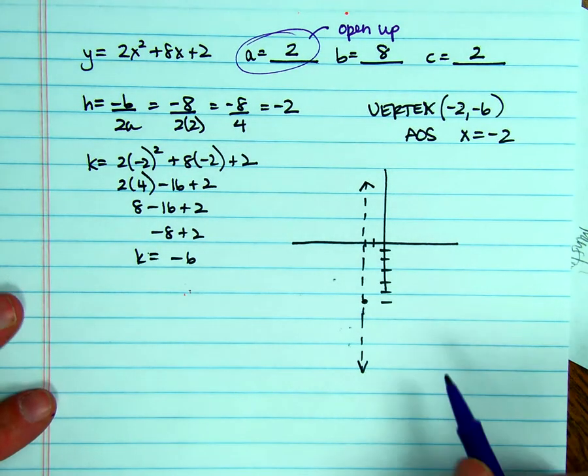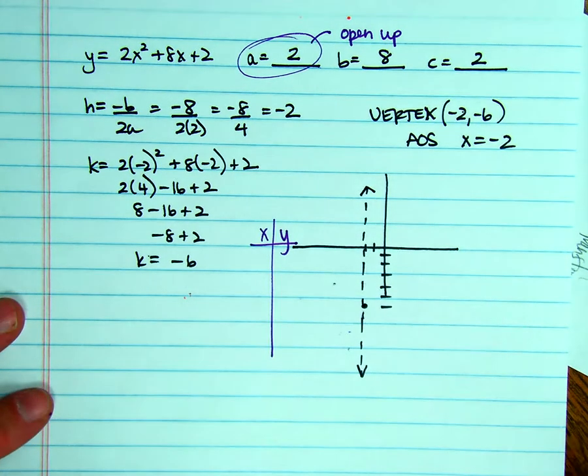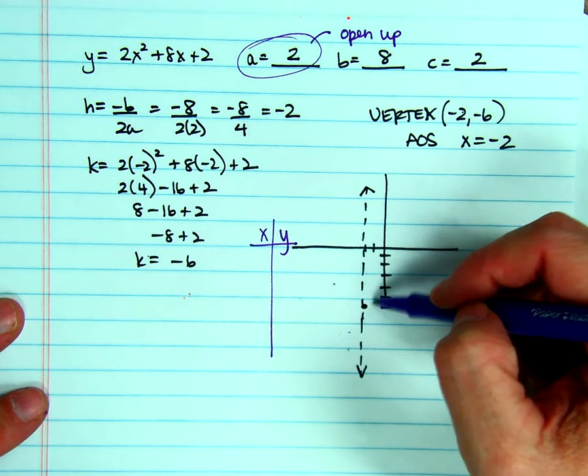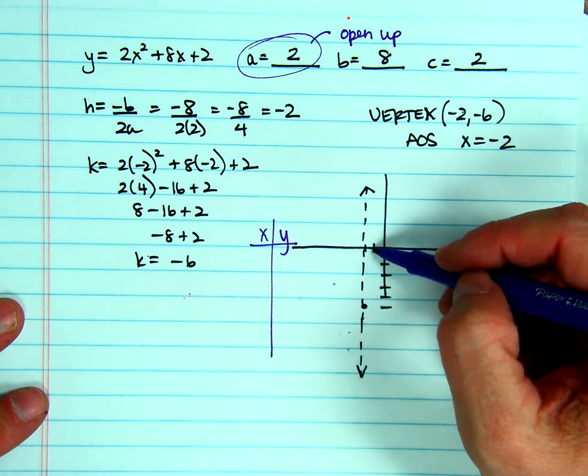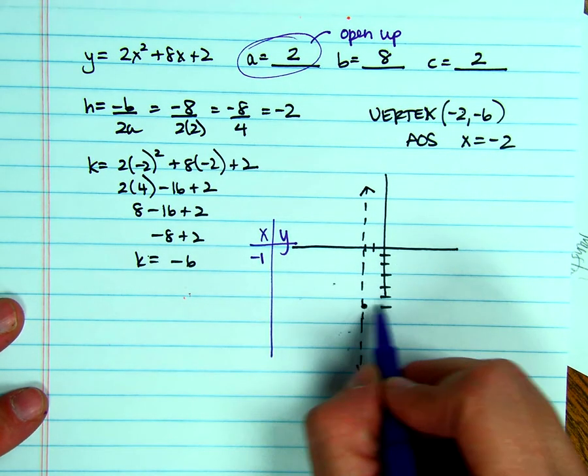So if we have it open up, we can do a table. Remember, one step off at a time, so if I plug in a negative 1, one step off the axis of symmetry, that is.